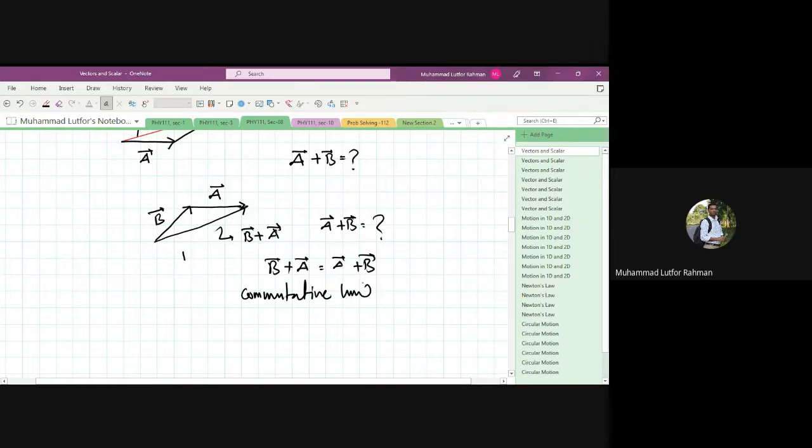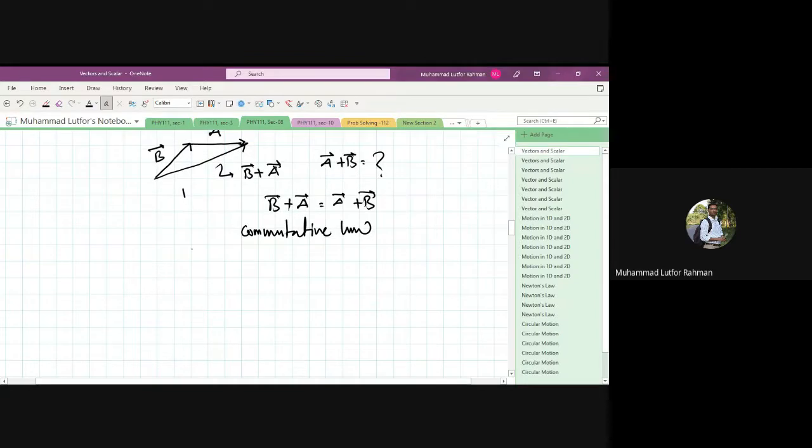It's the same thing over here, because I can rearrange it. Look at this. I have vector A over there, and vector B over there. That was the orientation. So what I did over here, I just shifted that part.